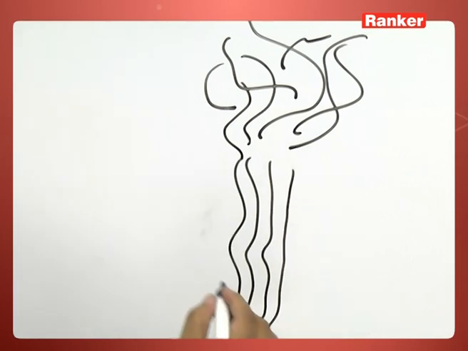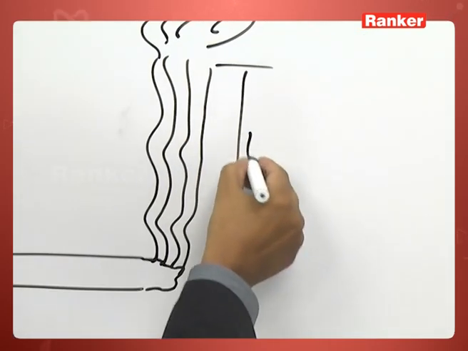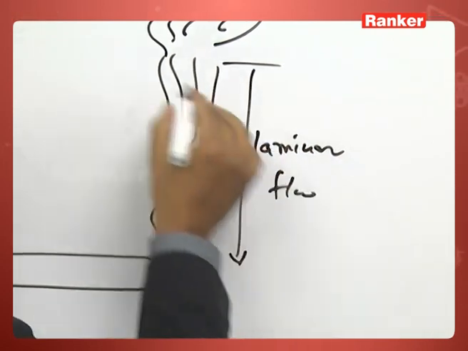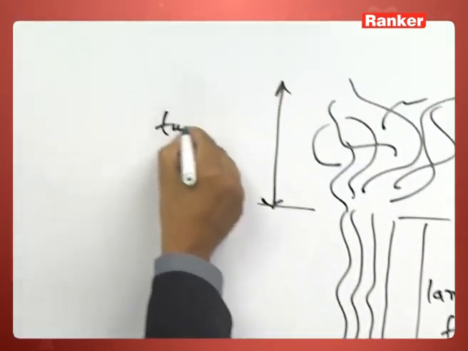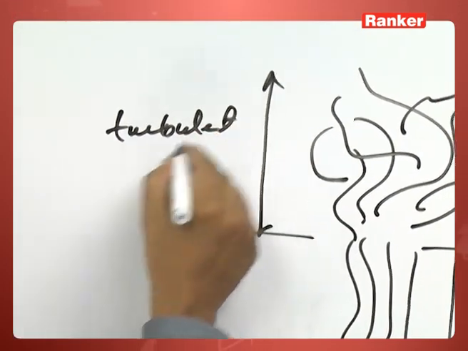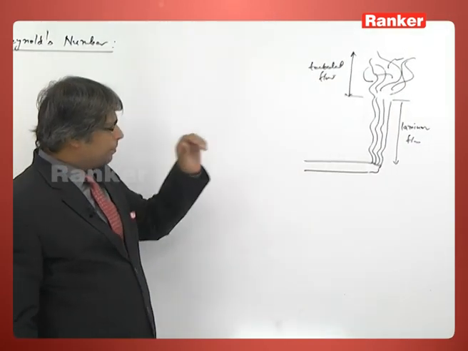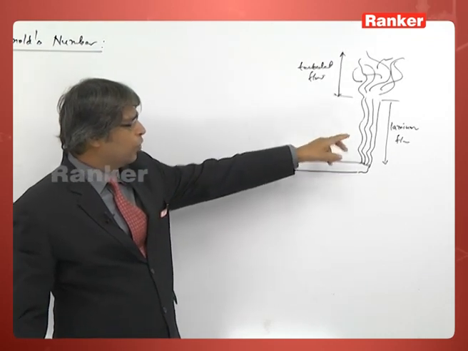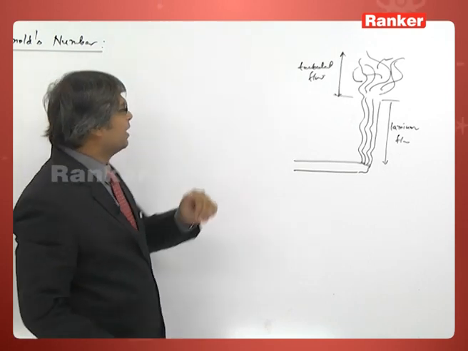Up to this region this is laminar flow, and after that, it is turbulent flow. So now you see here, when the velocity is less, the flow is laminar, and when the velocity is larger, the flow is turbulent.